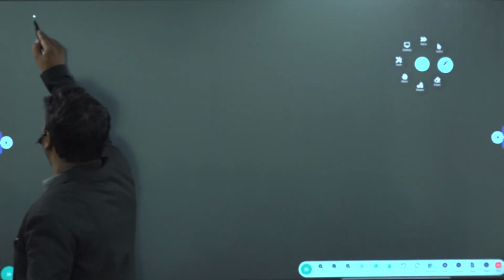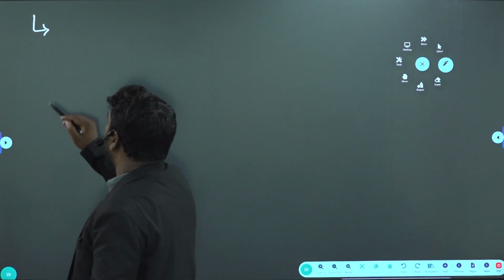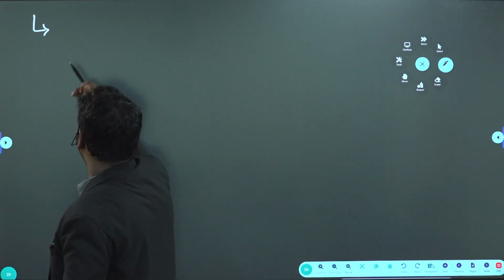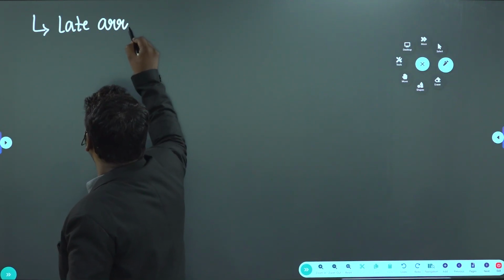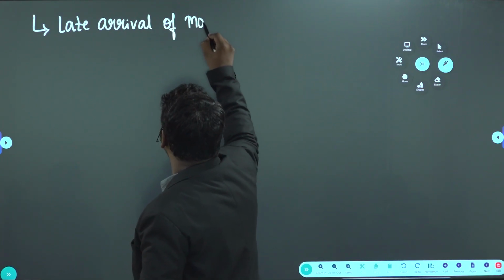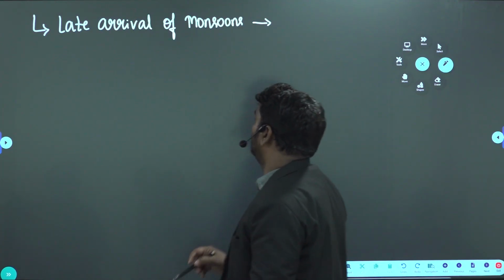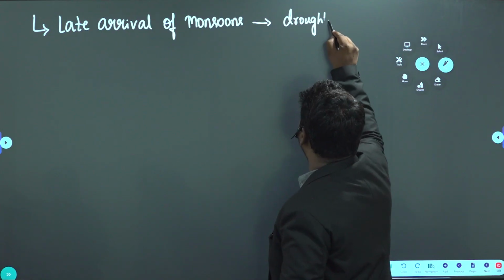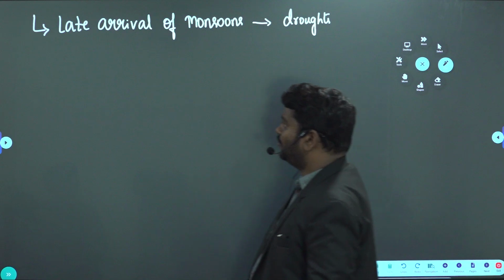When we say because of monsoons, if there is late arrival of monsoons, India will have droughts.